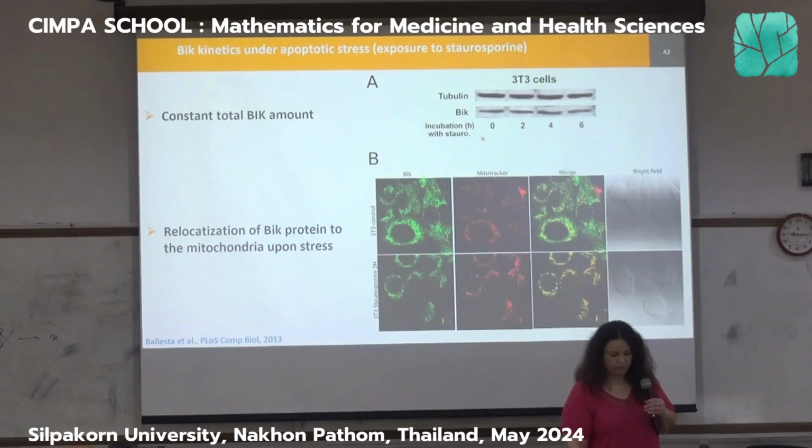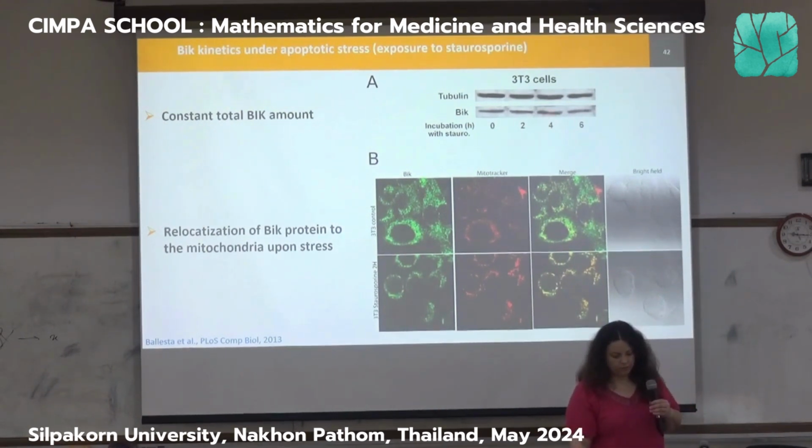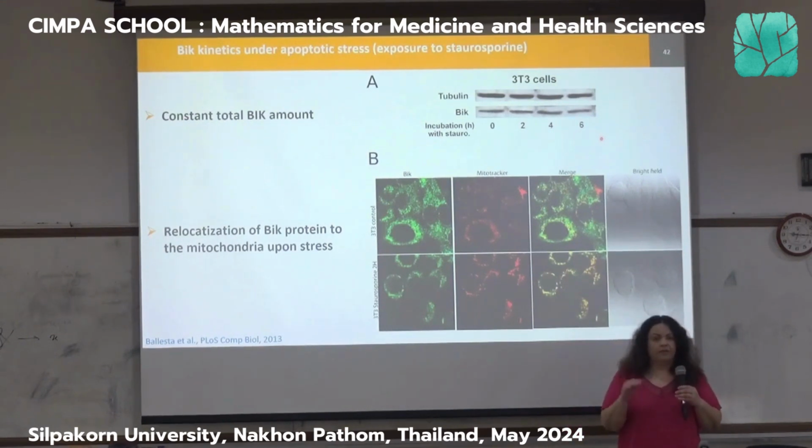The columns represent timing, so this is 0 when you put the drug. Time 0 is defined as the time when you put the drug. Then you wait for 2 hours, and you measure the protein, then 4 hours, then 6 hours, etc. And as you can see, the drug has no effect on the total quantity. This is something that we have to keep in mind.